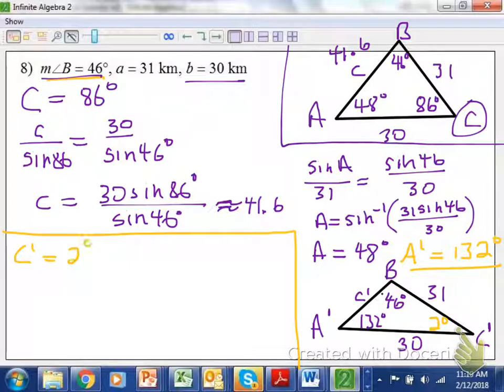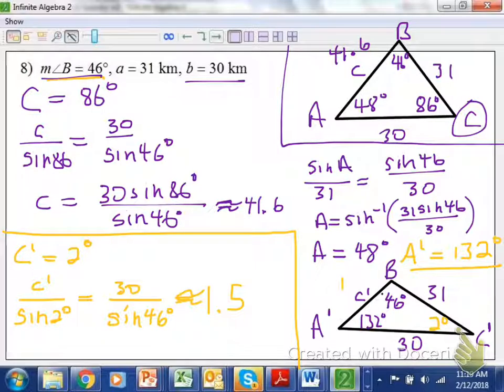C prime is 2 degrees, which means little c over the sine of 2 degrees is equal to, again, back to the given information, 30 over the sine of 46 degrees. 30 divided by, we expect that to be pretty small, right? It's the opposite of a 2 degree angle. What is it? 1.5? Is that right? Approximately 1.5. So c prime is 1.5. And I've got my two triangles there complete.